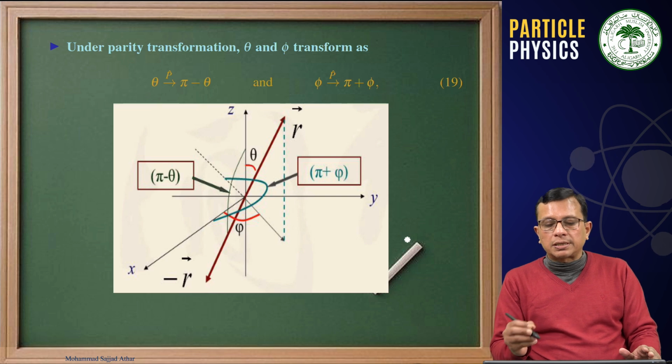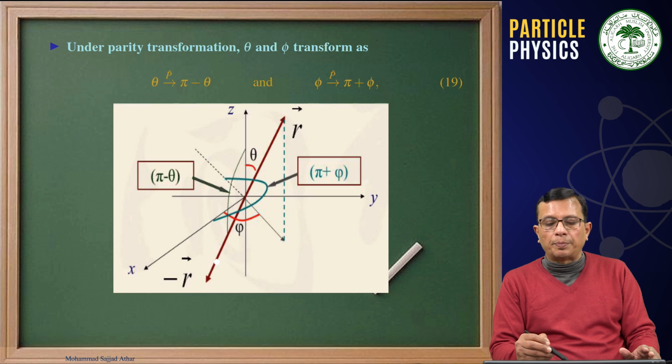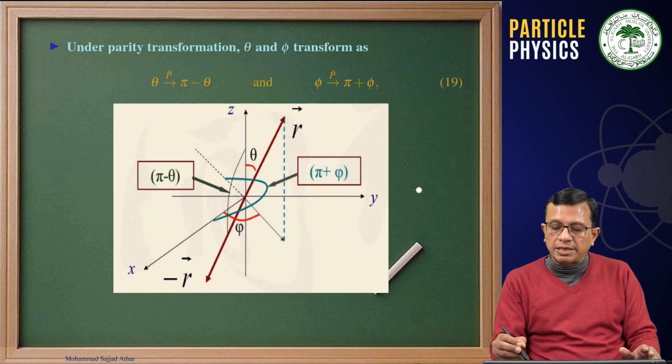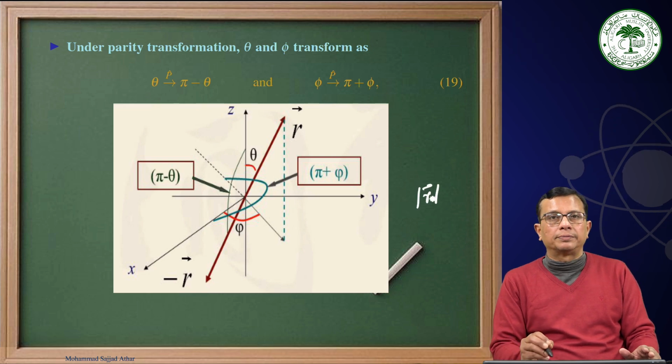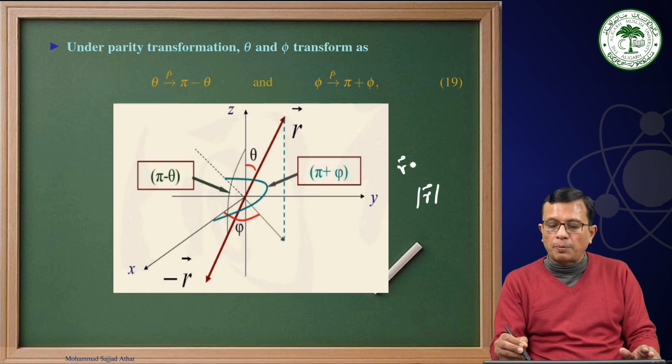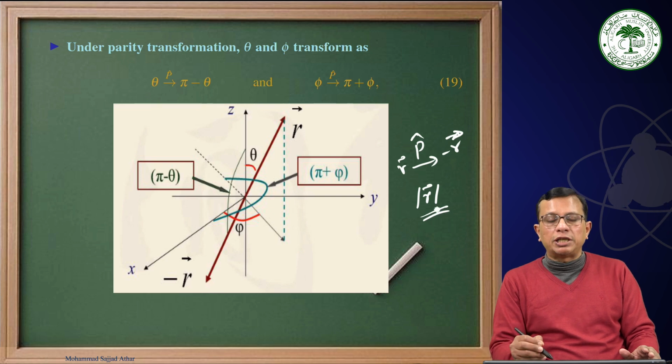Now, what is happening here? Under the parity operation, r changes to minus r without changing the magnitude of r.